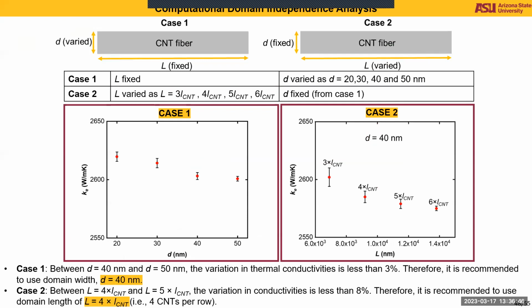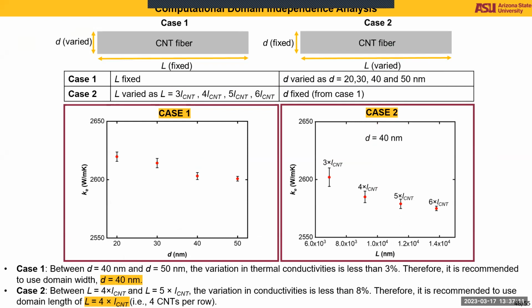The important thing here is that since it's a large aspect ratio model, we need to make sure the results are computational domain size independent. And for that, we have two cases. In case one, we fix the length of the fiber and change the width. And we try to find out when the conductivities do not fluctuate much by changing the domain size.